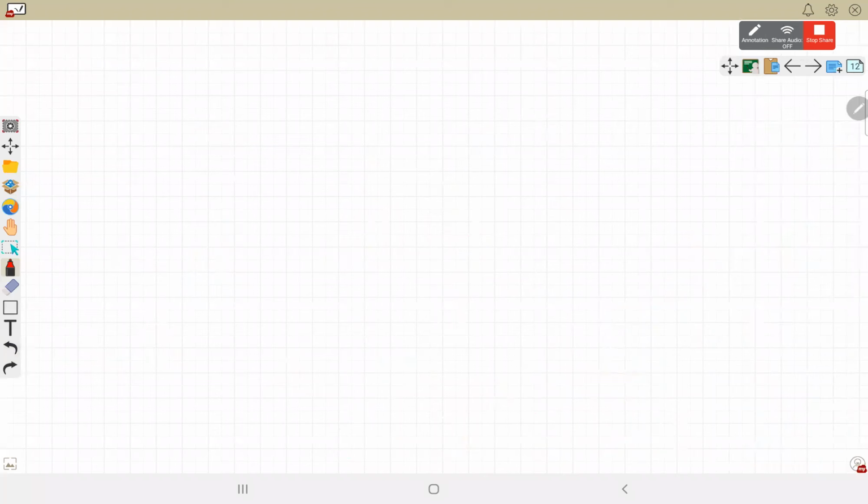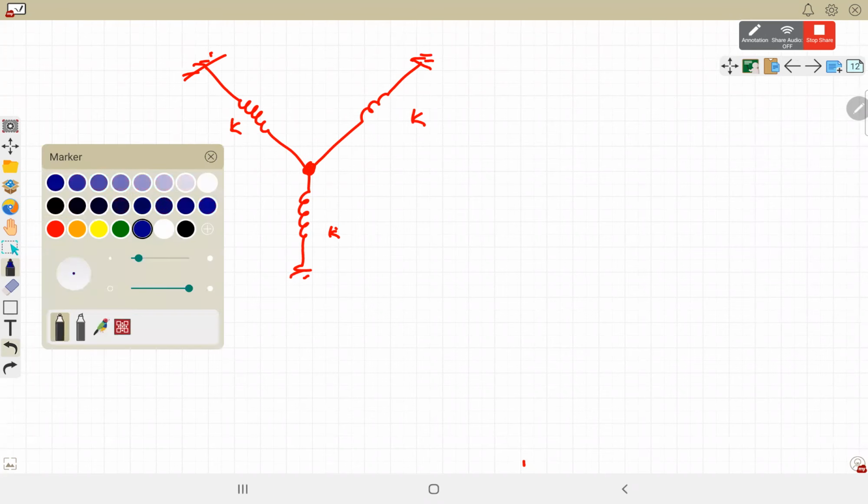There are three springs at an angle of 120, 120, and in the middle a small mass is attached. Find the time period of SHM of this small particle of mass m connected to the three springs as shown.